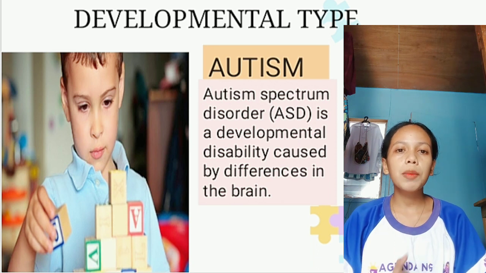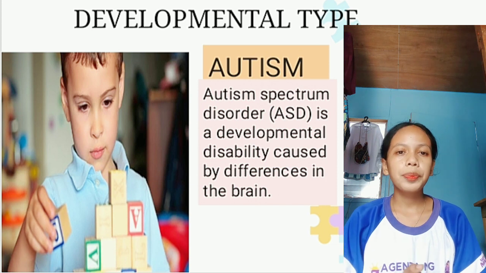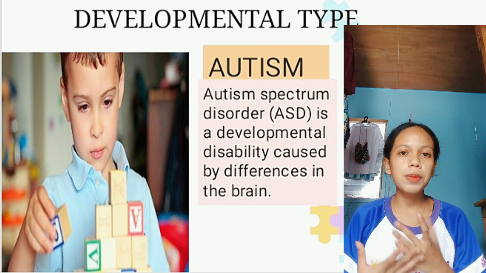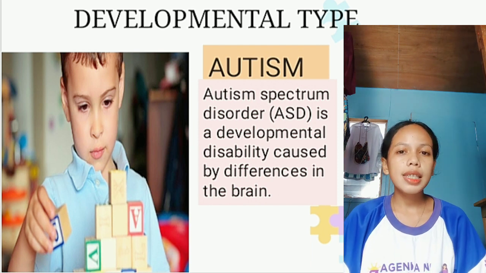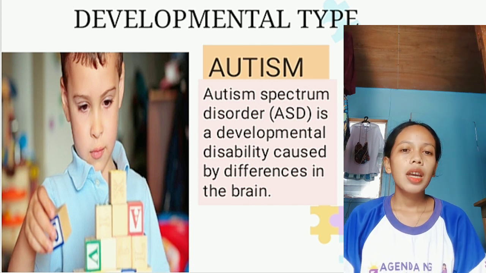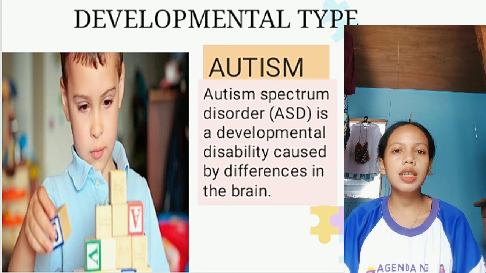People with ASD may also have different ways of learning, moving, or paying attention. It is important to note that some people without ASD might also have some of these symptoms. But for people with ASD, these characteristics can make life very challenging. They are having a hard time in social communication and interaction skills.